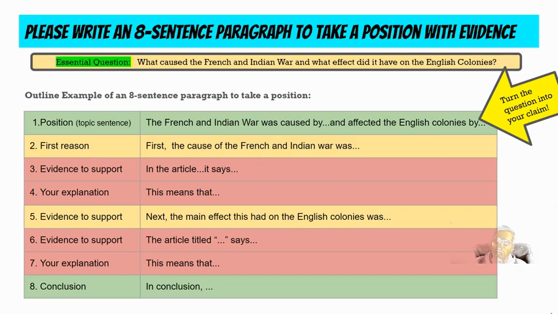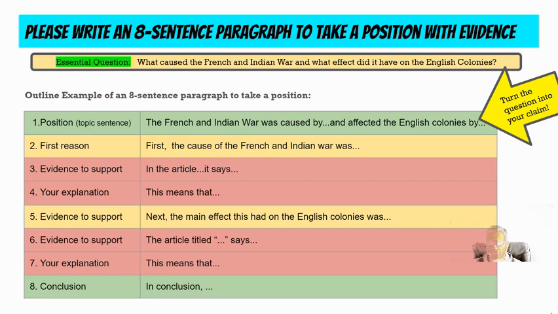The French and Indian War was caused by, and you will give the answer, and affected the English colonies by, and you will give a 1-word answer. Then, in the rest of this paragraph, you will go on to explain those 2 parts of your answer.